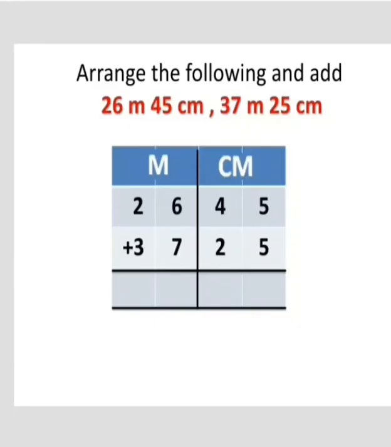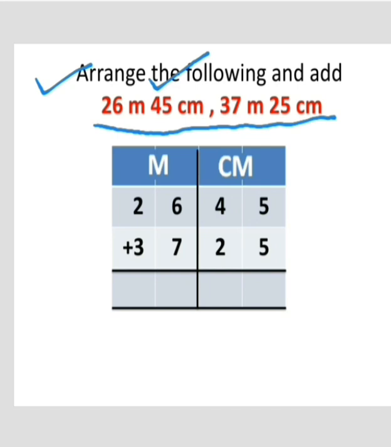Now children, let us see one example of addition. So here in the question it is given, arrange the following and add. So children, first we have to arrange these numbers and then we have to add them. So first we will arrange 26 meter, 45 centimeter.